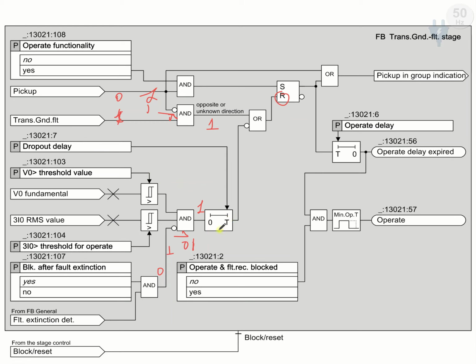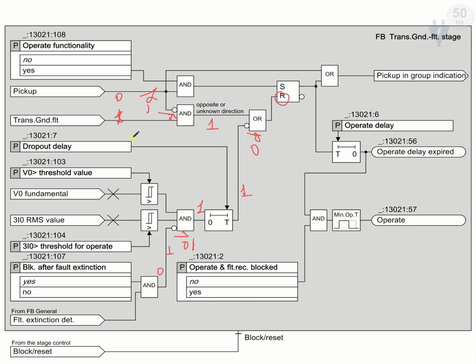It means that after some seconds, for example 10 seconds, it drops out. Then these thresholds are not exceeded and the input becomes 0, so the output is 1 while it passes the dropout, and here the inversion is 0, so it will not reset.